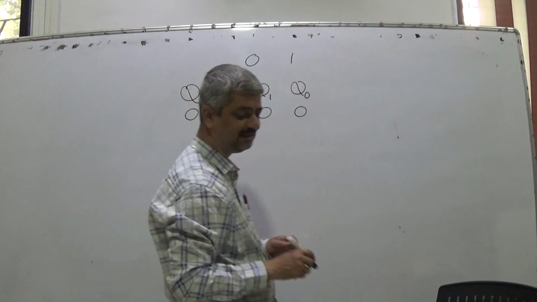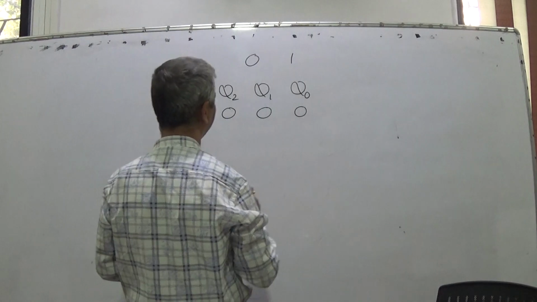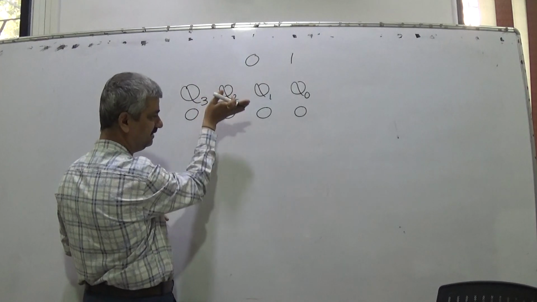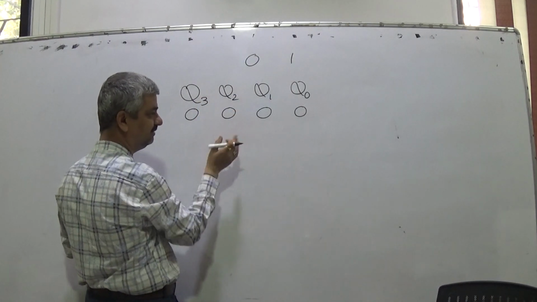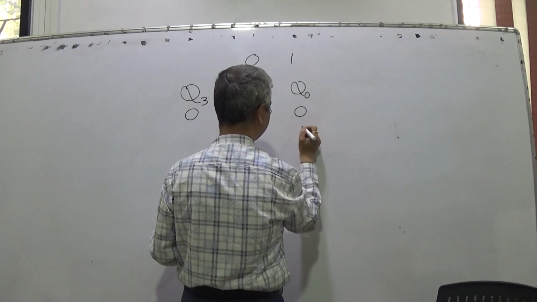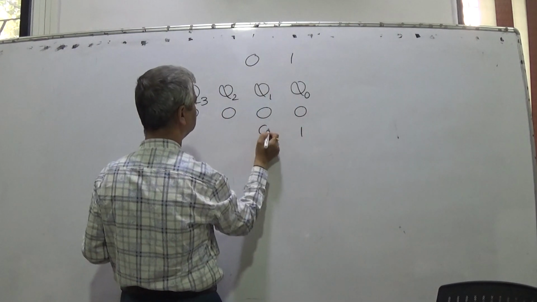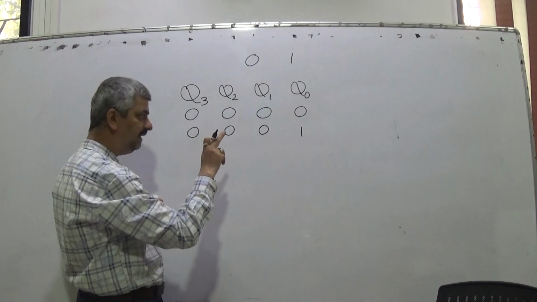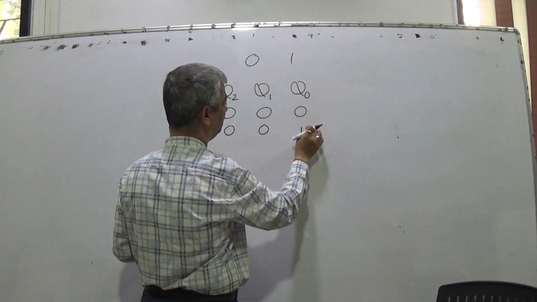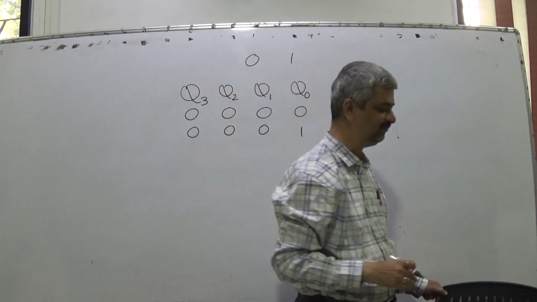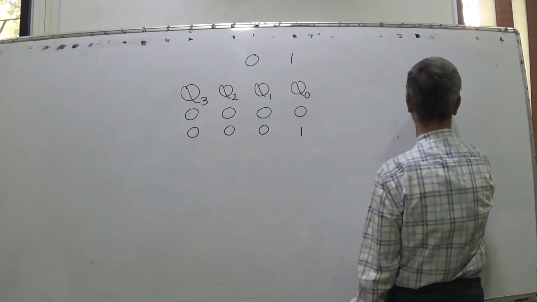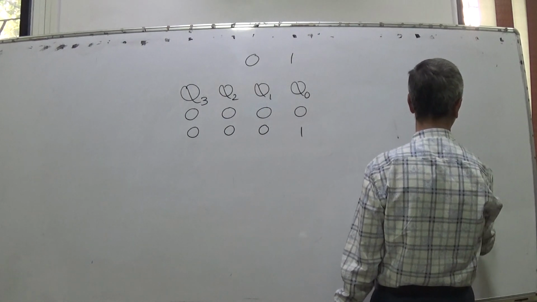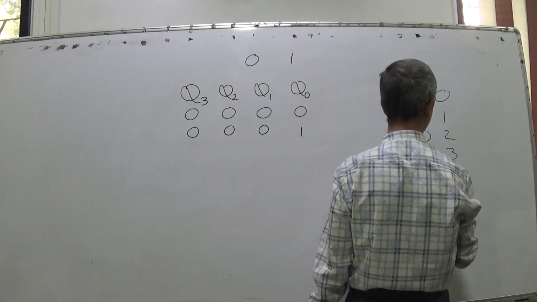Then when we go to the next combination, what do we mean by counting? We advance this combination of 4 bits to the next level, and the next. So next, the least significant bit is made 1 and the remaining bits remain 0. Now there is a difference from the conventional two-digit decimal number: we have 00, then 01, then 02, then 03, up to 09, and then from 9 we come back to 0 and make the next digit 1.